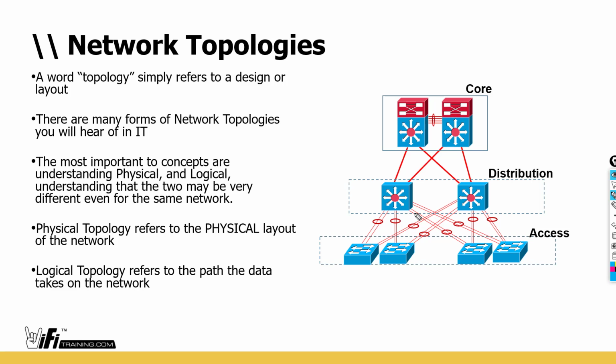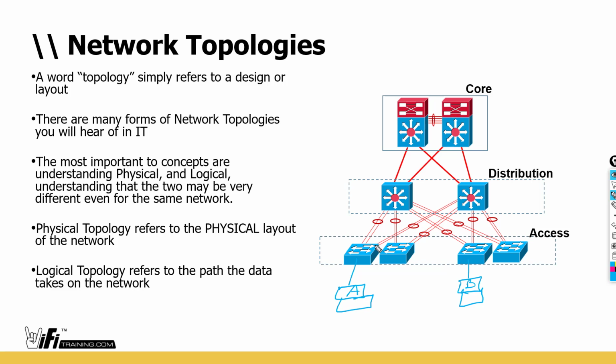So I may have a station over here, for example, we'll just call it computer A, and I'm going to have another computer over here that's computer B. So I've got all these potential paths to take. Which one do I take? Well, you don't know that just because of the way something's configured.